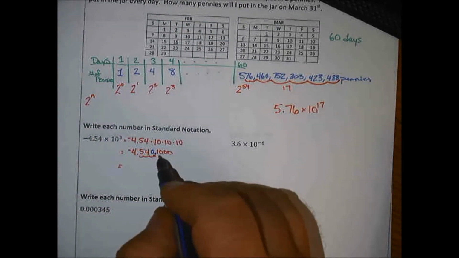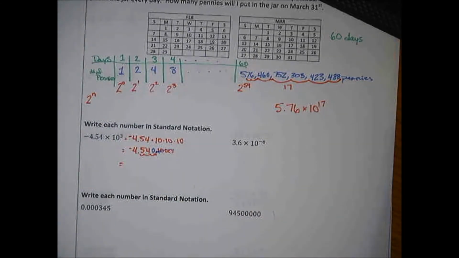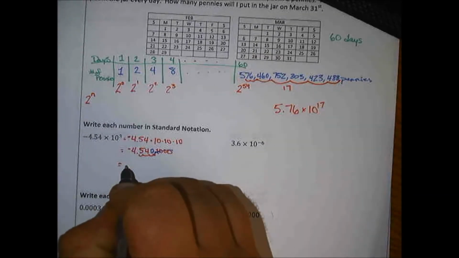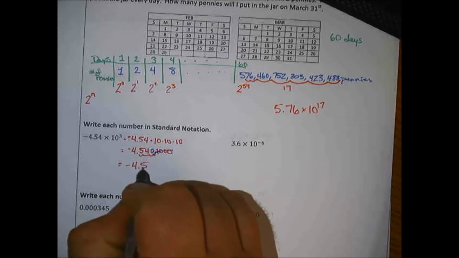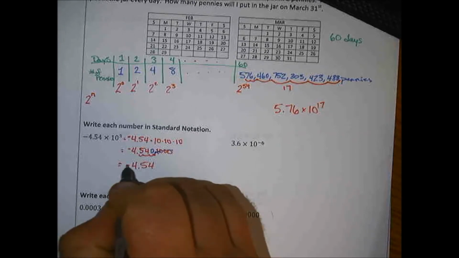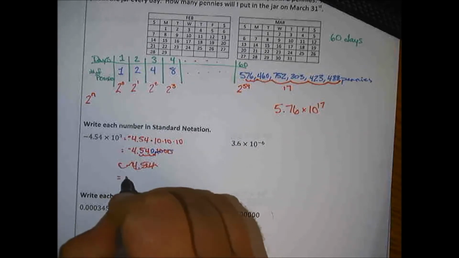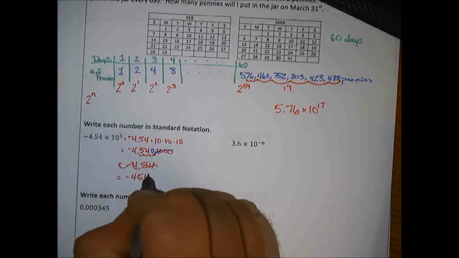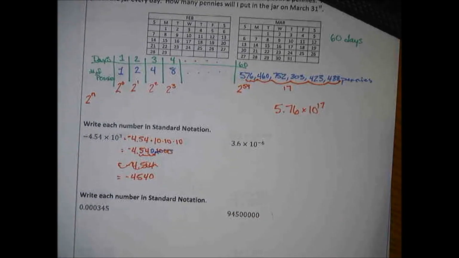And we kind of forget about that 1,000. You know, that is what multiplying by a multiple of 10 does, is just move the decimal. So we have negative 4.54, or sorry, scratch that. Negative 454 with a 0 on the end. That's the standard notation. That's what we would rather see.